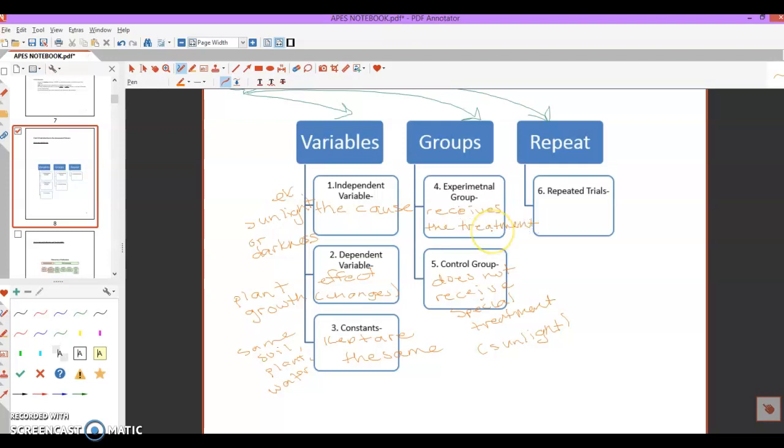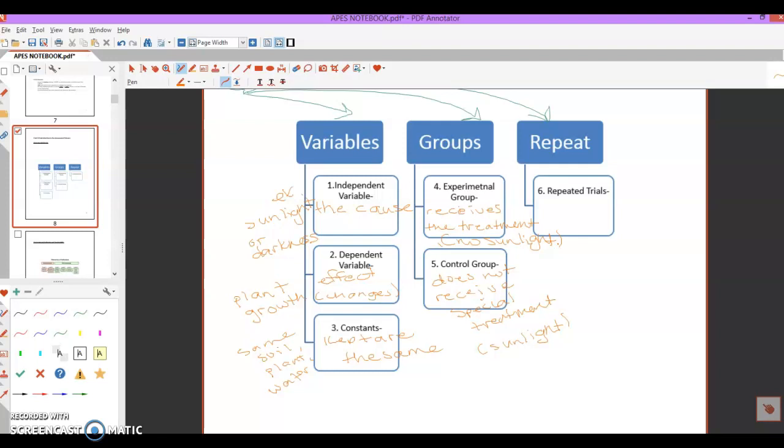And what we're trying to test is, does sunlight or the absence of sunlight impact plant growth? Well, we're trying to see if no sunlight impacts it. So our experimental group would be the one with no sunlight. Hopefully that makes sense to you guys.